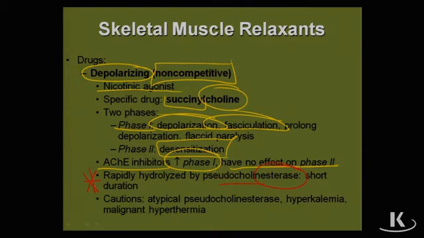Thanks to this esterase, we should see a very short duration of the drug succinylcholine, but we must remember some people may be atypical for cholinesterases. Atypical meaning they are slow metabolizers, and when you're a slow metabolizer, the effect of succinylcholine would be there to stay.